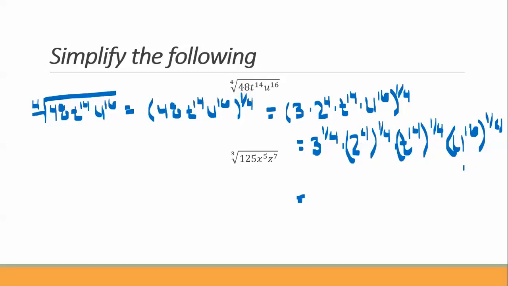And then let's multiply our exponents. If we have exponents we can multiply, so that's 3 to the 1/4. 2 to the 4/4 is just 2. T to the 14/4. And u to the 16/4 is u to the 4.